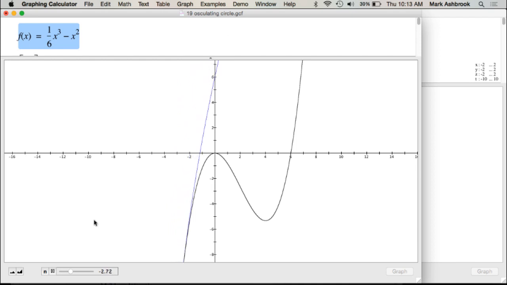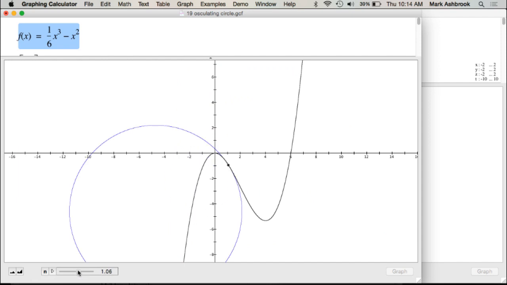So what does that mean for the osculating circle? At the places where the curvature is the highest, it's the smallest circle, because the smaller your circle is, the higher the curvature. The bigger a circle is, the lower the curvature, right?